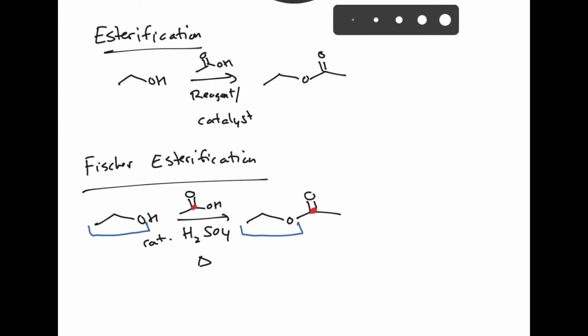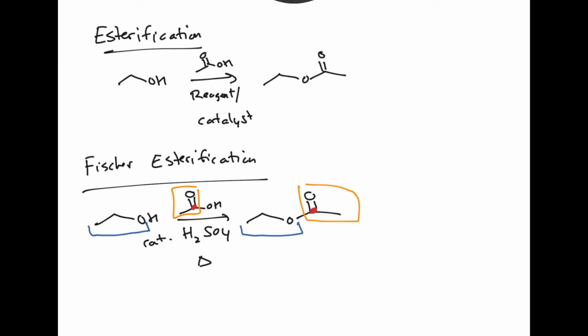So you have the alcohol side of your ester, and then you have the acid side of your ester. So you always lose the OH from your carboxylic acid. You never lose the oxygen from the alcohol. You always lose the OH from the acid.